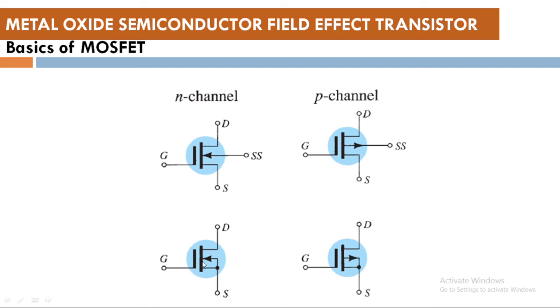So there will be a continuous channel shown by this black line, okay, between D and S. But since this channel is not directly connected to the gate, see, there is a gap between gate and the channel, showing that there is an insulator between these two. So this is the symbolic representation of depletion type MOSFET having either N or a P channel.